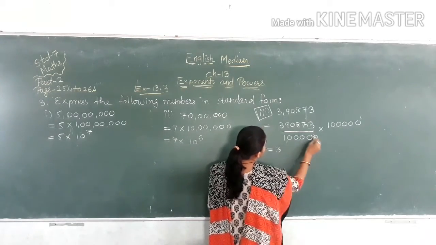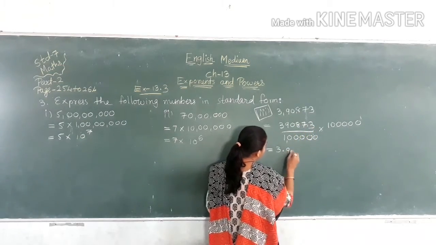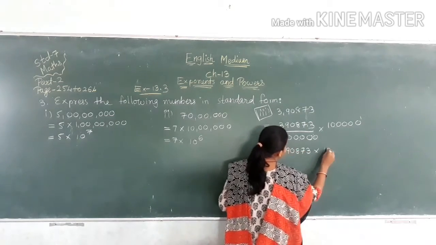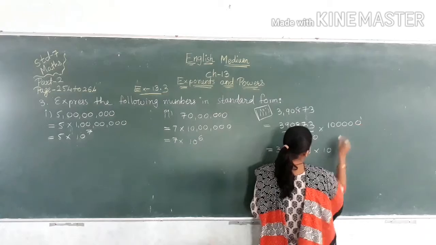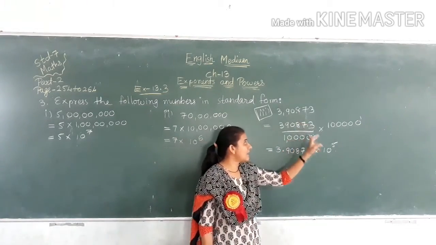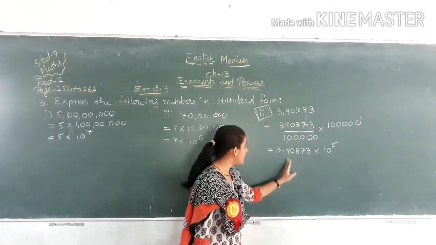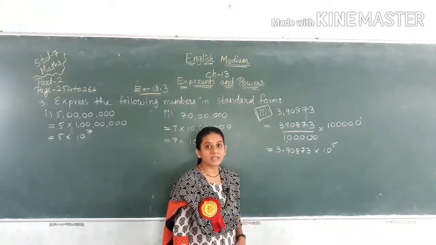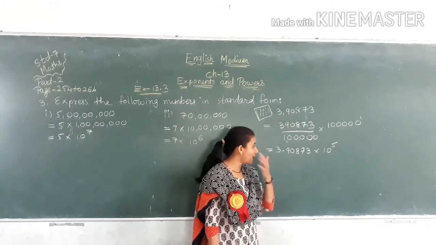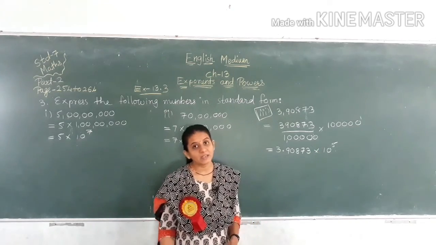So 3.90873 multiplied by 10 raised to 5. Here this decimal is multiplied by a lakh and divided by a lakh. And we get the standard form of 3,90,873: 3.90873 multiplied by 10 raised to the power of 5.